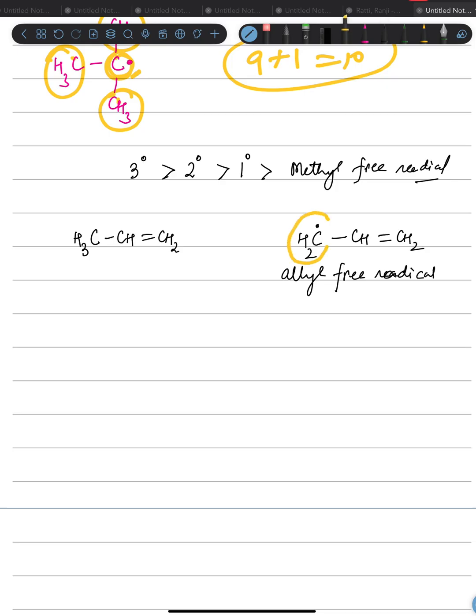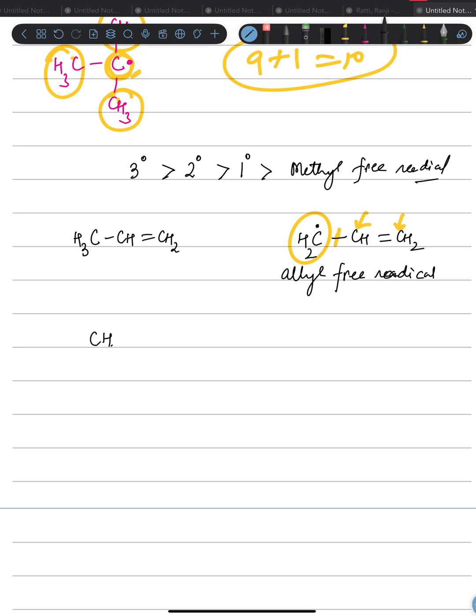This is the allylic carbon. That is the carbon which is connected to the double bond. It's not part of the double bond. These are vinylic carbons, and just next to that would be the allylic carbons. The carbon which is separated from a double bond through a single bond, that's called allylic carbon. And if the odd electron is present on the allylic carbon, we call it allyl free radical.